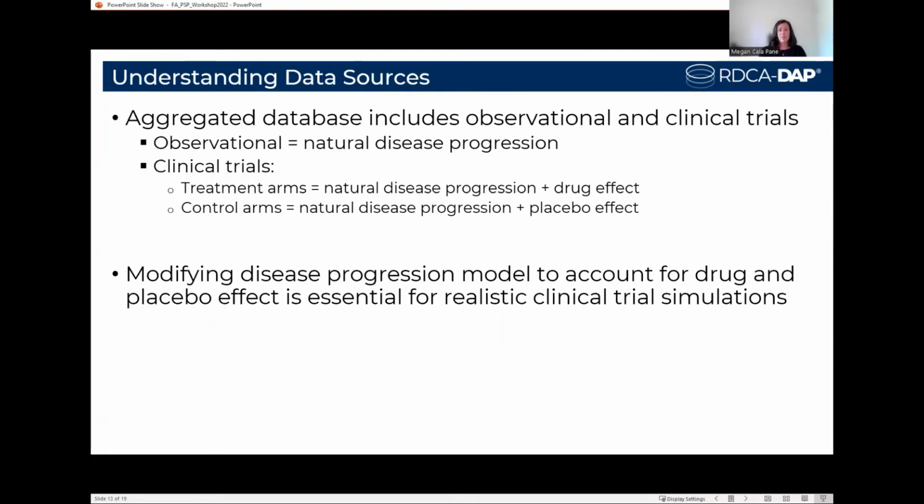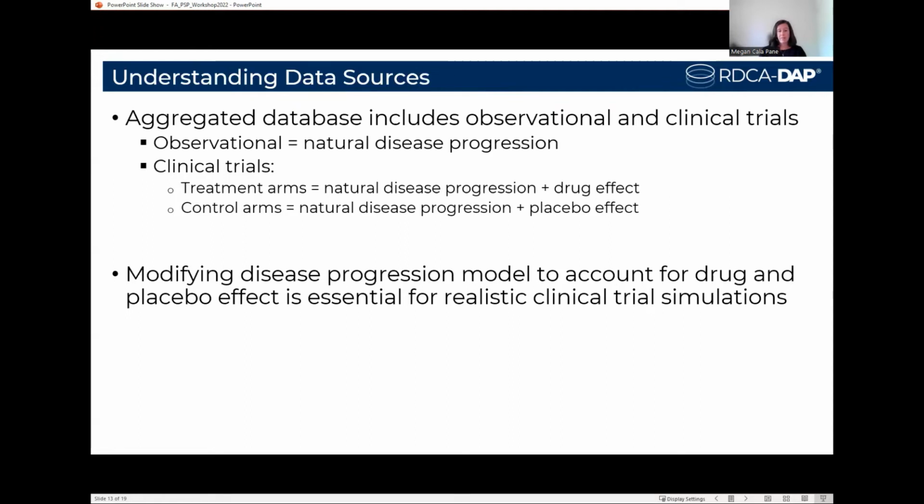So during the development of disease progression models in FA and PSP, and really model development in general, it's important to understand the data sources, especially when working with aggregated databases, like what we have on RDCA-DAP for FA and PSP.